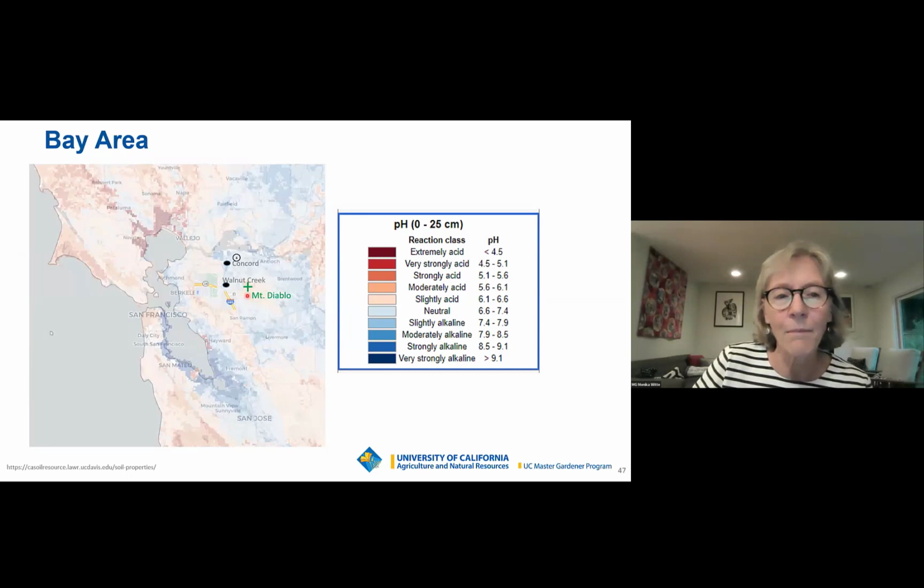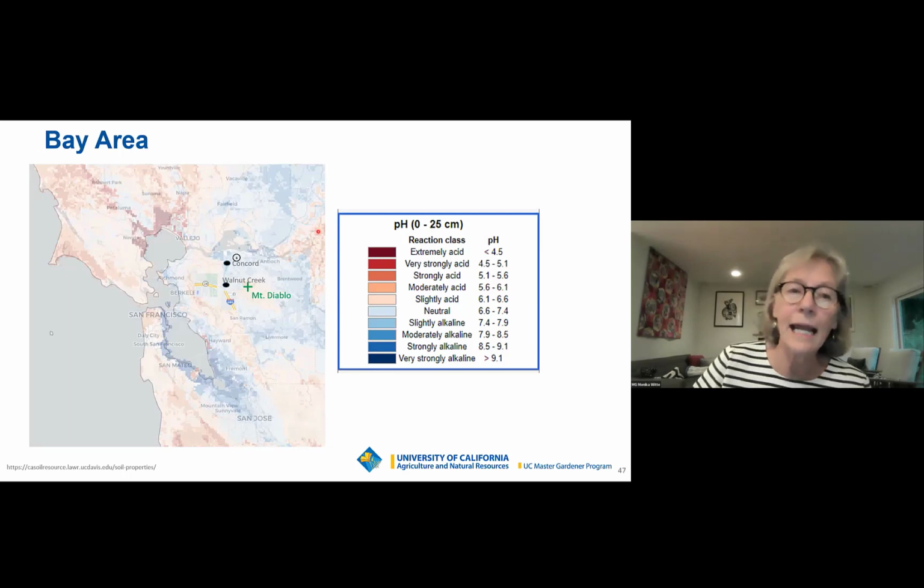So Mount Diablo is right here. You can sort of see it. And what you can tell is that the pH varies across the Bay Area region, but honestly, it's not extreme. So if you take a look at the key, red is acidic and dark blue is very strongly alkaline. And the only extreme colors that are dark red or dark blue, extreme red is up here, Vallejo, Novato, and there's some dark blue around the South Bay.